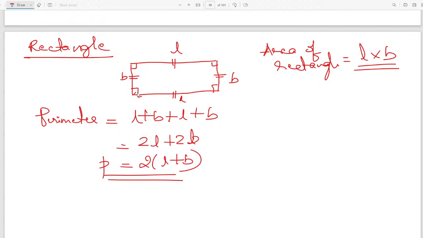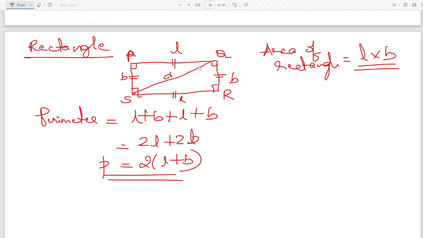And there is one more concept here, the line called diagonal, and let this be D. Diagonal here, if you see, this is a right angle triangle. Let this be P, Q, R, S. If PQRS is a rectangle, QS is the diagonal.